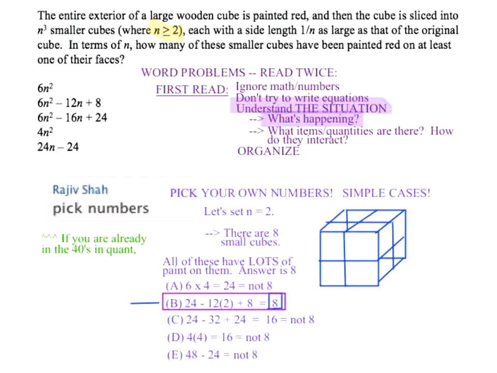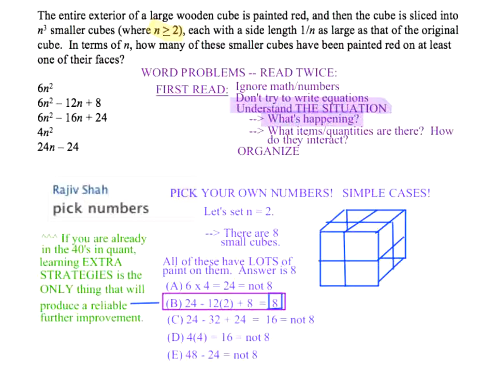That will not improve your score if you are already in the 40s. If you are already in the 40s, then learning extra strategies like this one is absolutely the only thing that will reliably improve your quant score further.